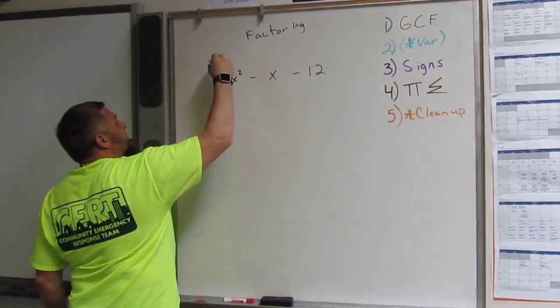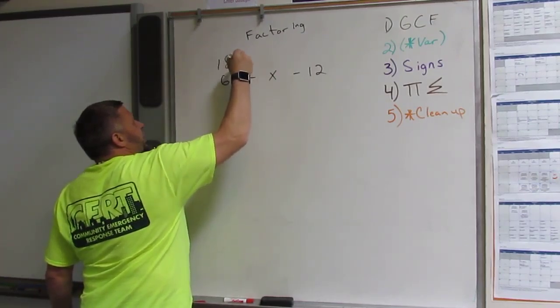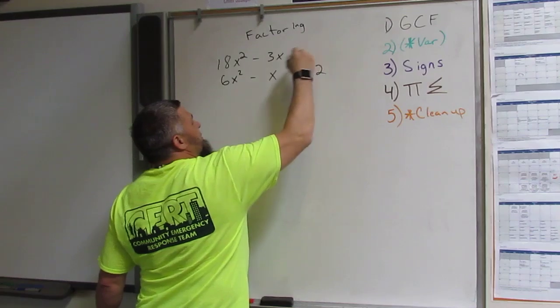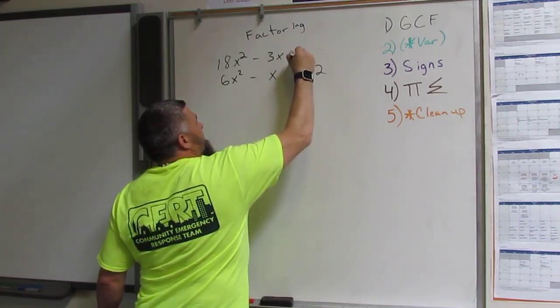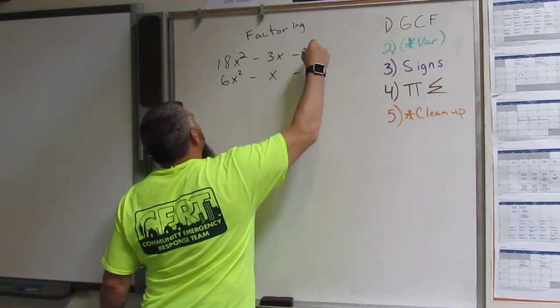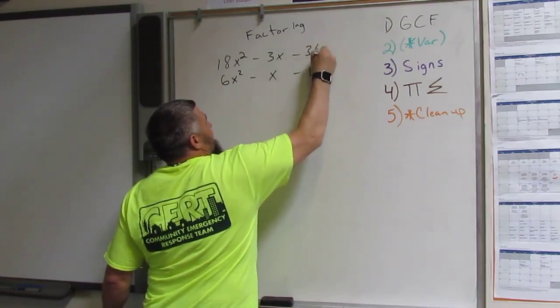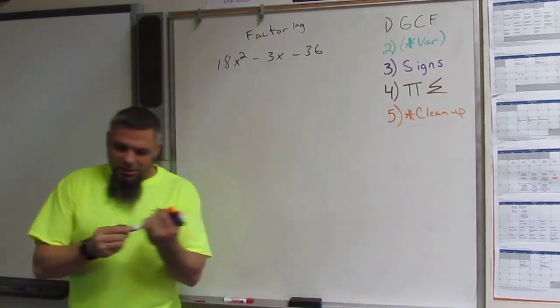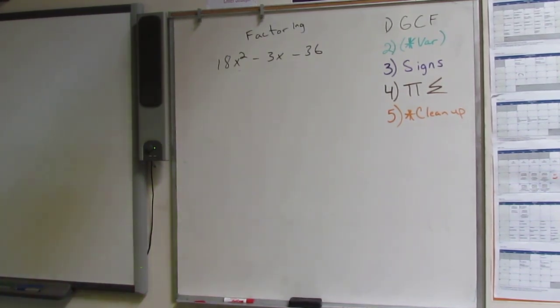So we're going to make this 18x squared minus 3x minus 36. Okay? That's what we're going to start with. Oh, so it's not going to be that X. Wait. Did we change it or did we leave it last? We can change it because we're going to get back to it.